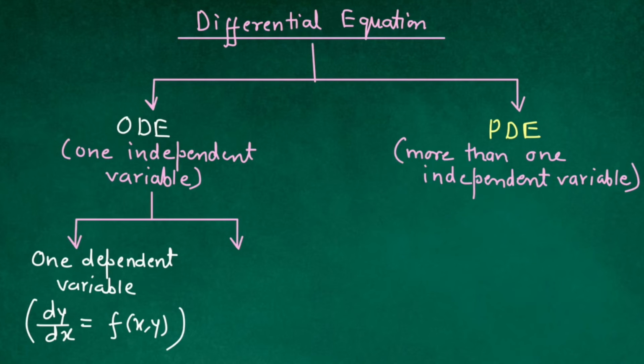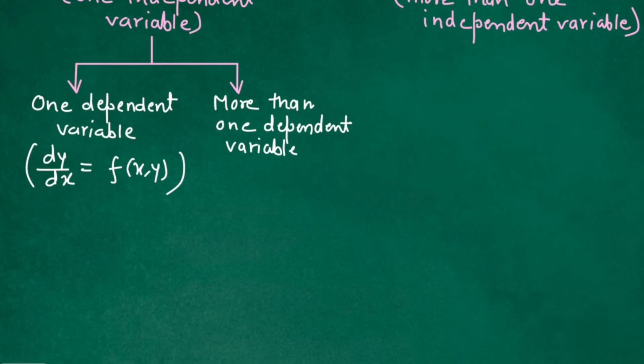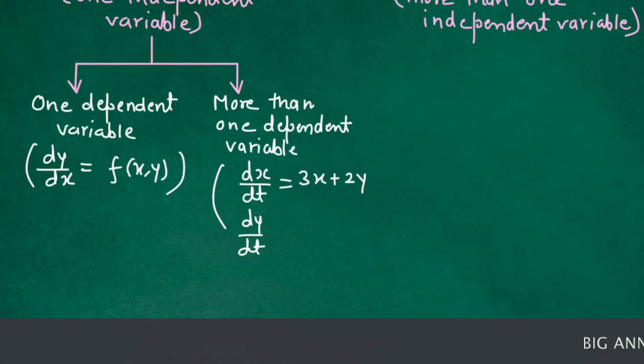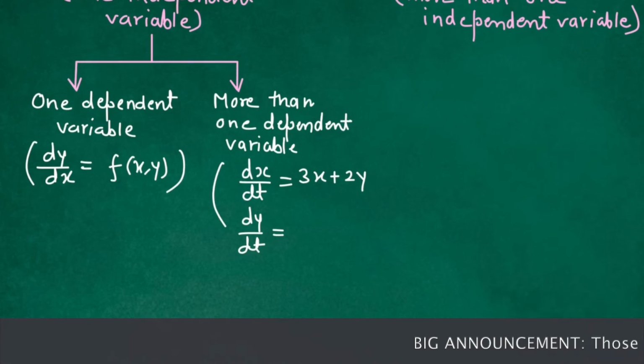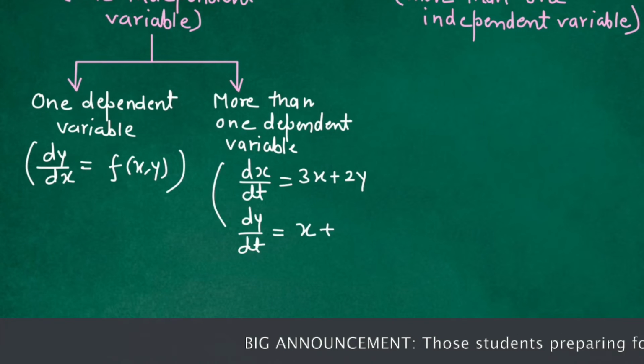In the second category we have more than one dependent variable. See such an example. Suppose we have dx over dt equals 3x plus 2y, and dy over dt equals x plus 2y.